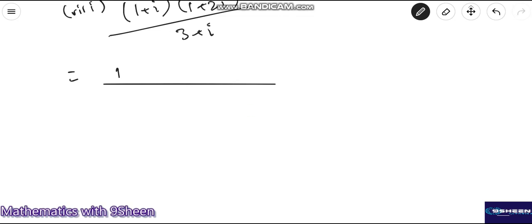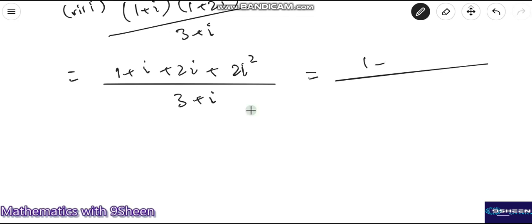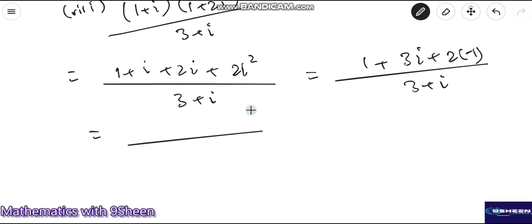It is 1 plus iota plus 2 iota plus 2 iota square, and 3 plus iota as it is. Now 1 plus 2 iota and iota, 3 iota, plus 2 iota square, minus 1, and 3 plus iota. Now 1 minus 2 is equal to minus 1, that's why minus 1, and plus 2 iota and 1 iota, 3 iota, and 3 plus iota.